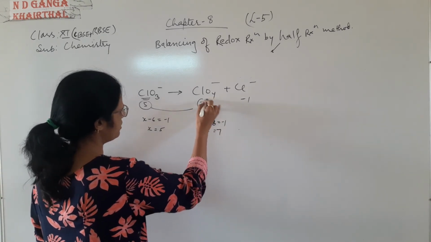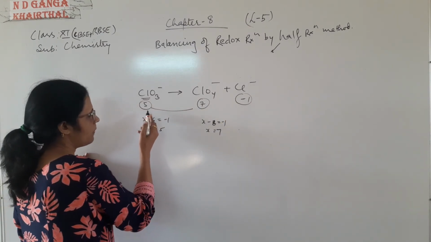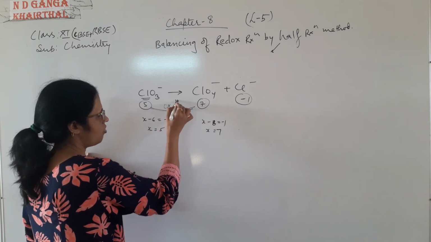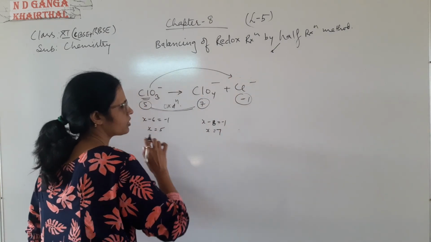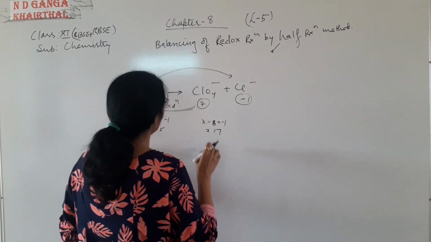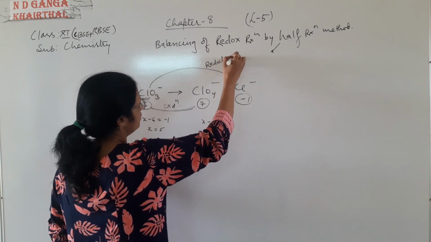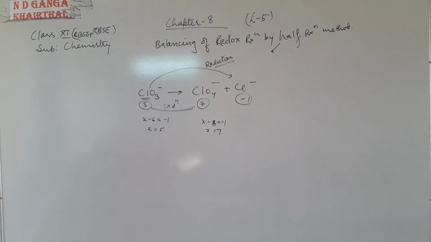So here the oxidation number is 7, and in the other species the oxidation number is -1. What is going on? Here the oxidation number increases, so this is oxidation. And here the oxidation number decreases, so it is a reduction. Clear?